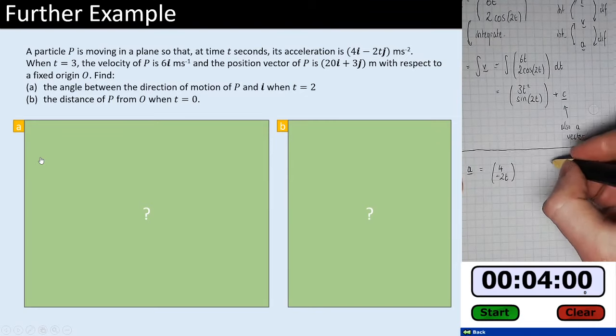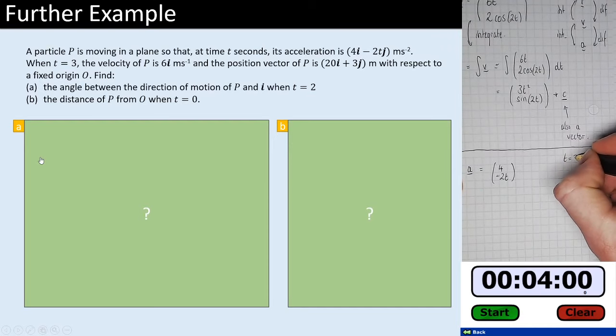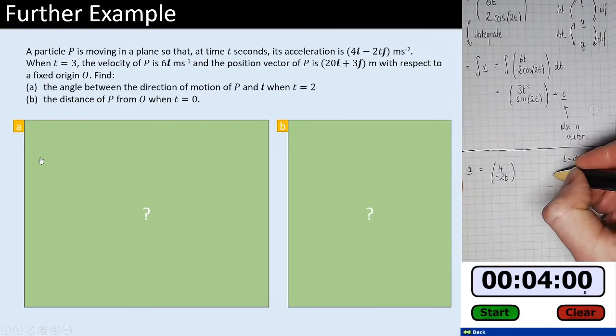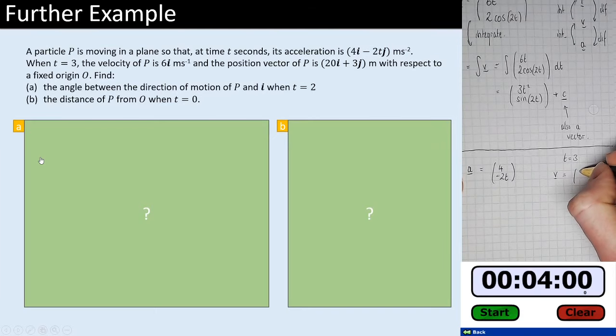We're told that when t is equal to 3, our velocity vector is just 6i, no j's.